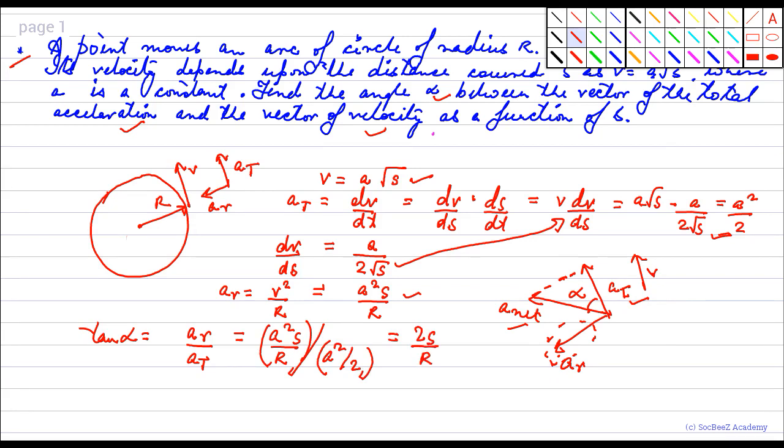So this gives me the angle alpha as tan inverse 2s by r. So this is going to be the expression of the angle between the total acceleration and the vector of velocity as a function of s.